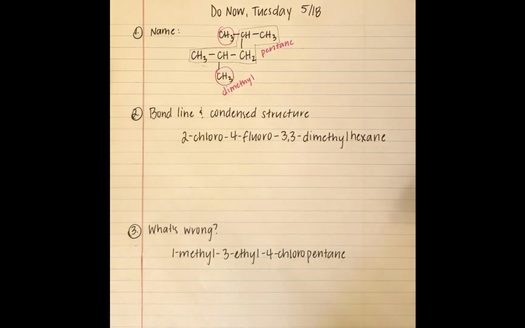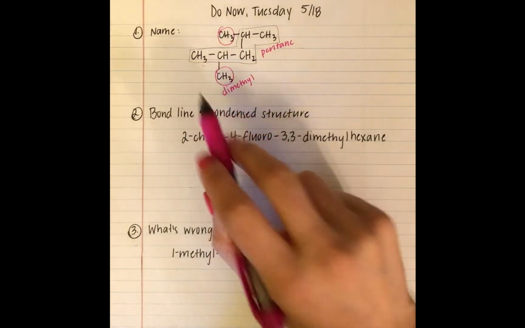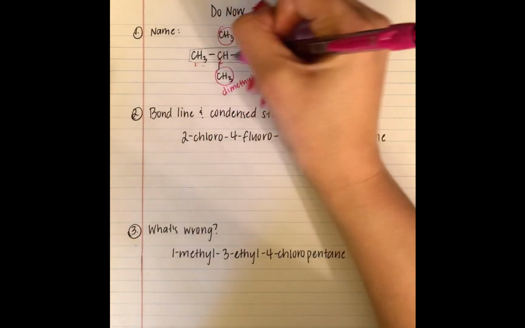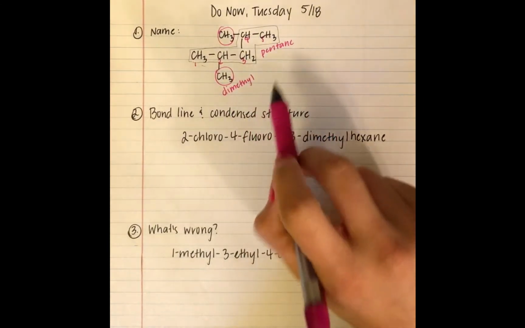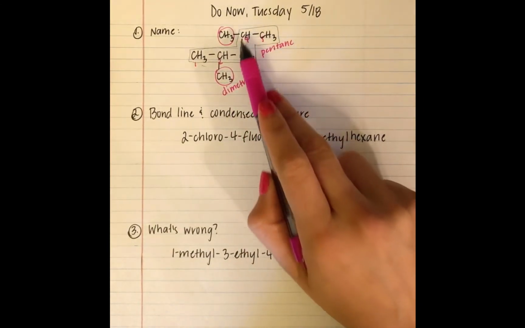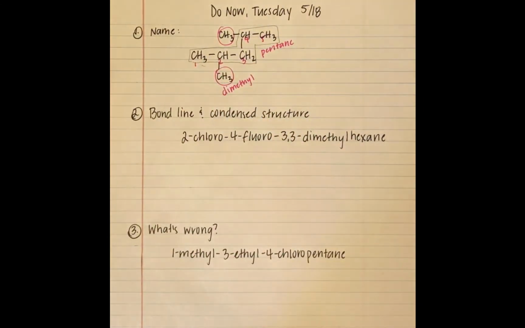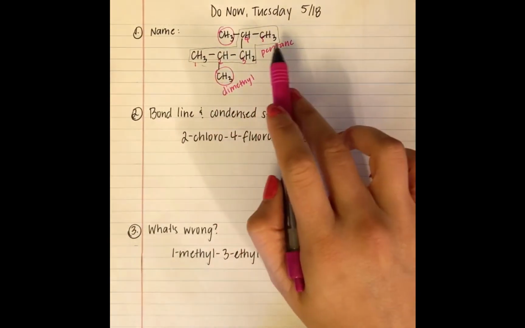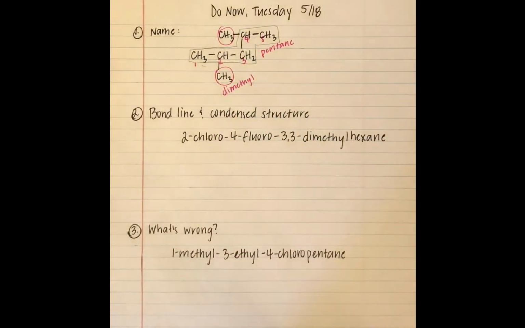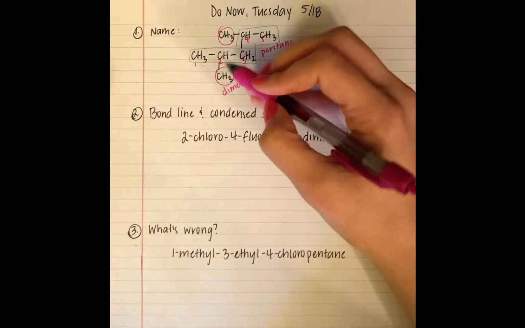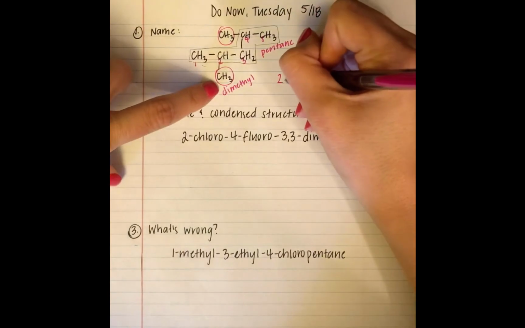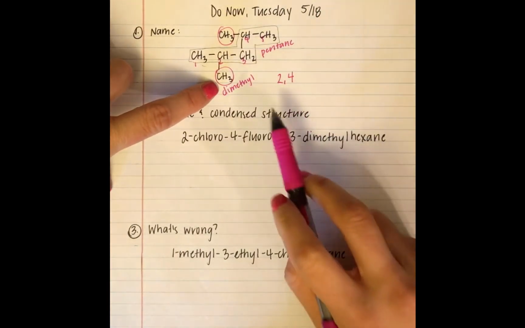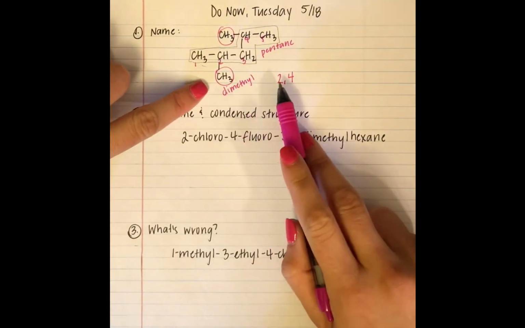Now you have to number your carbons. You always want to number your carbons so that the substituents have the lowest numbers possible. If I start from left to right, 1, 2, 3, 4, 5, that gives 2, 4. If I number the other way, 1, 2, 3, 4, 5, it still gives 2, 4. So no matter which way you number here, your substituents are 2 and 4. So that means that I'm going to start the name with 2, 4 because you need as many numbers as substituents.